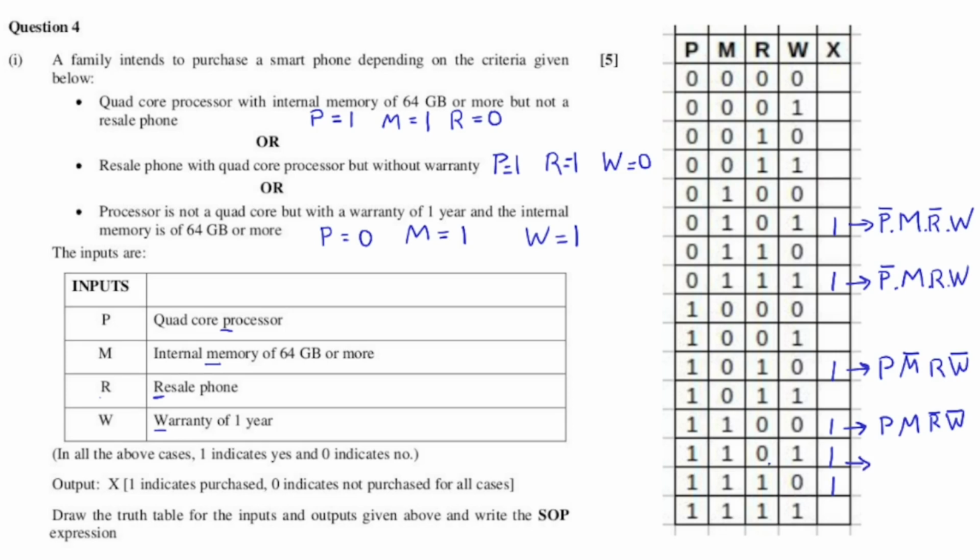The next term 1101, that means only the third variable is complemented. So P, M, R complement, W. And finally, the last one is P, M, R, and W complement.